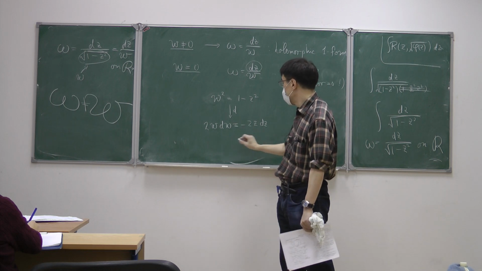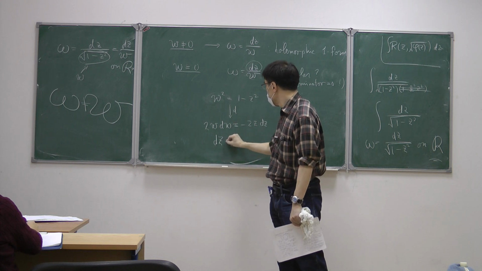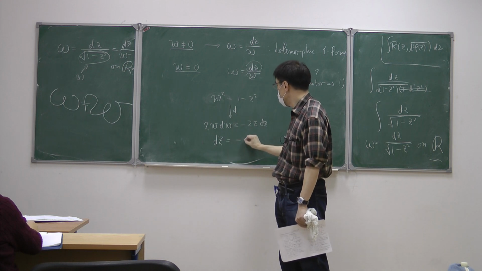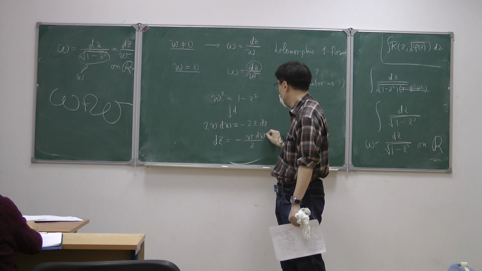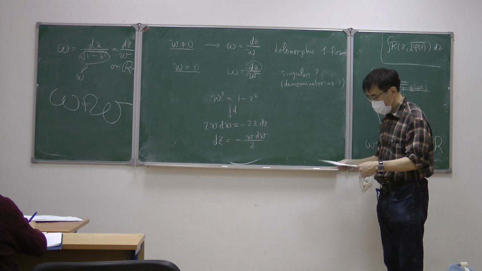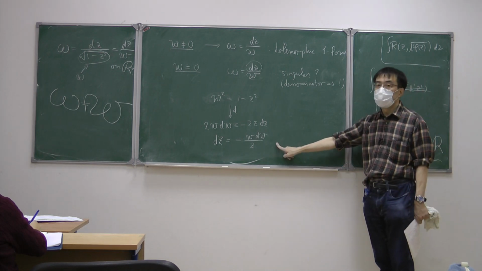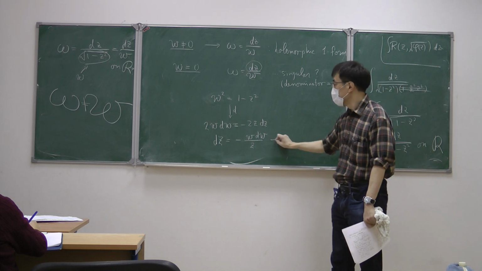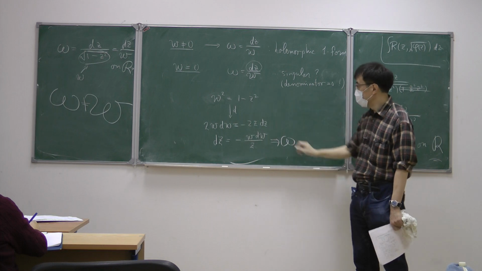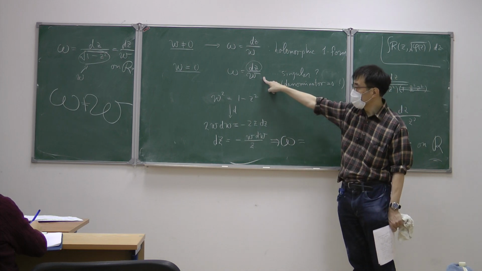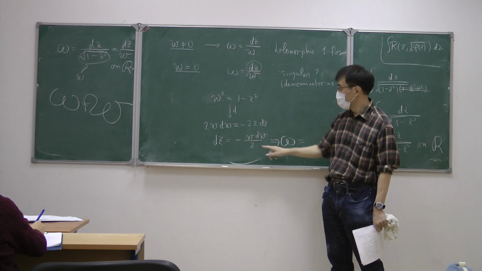And therefore dz is equal to minus w over z dw. This means that this one-form is equal to, just replacing dz with this, the following.